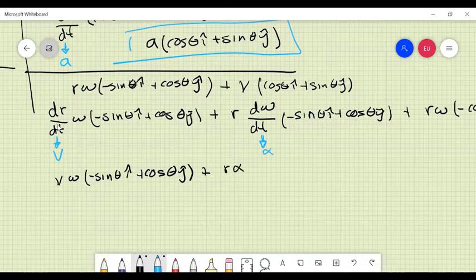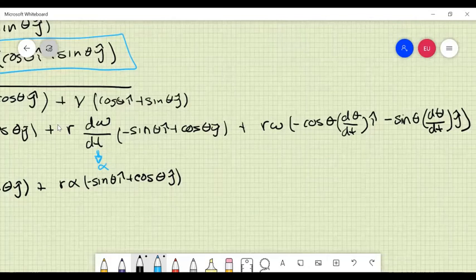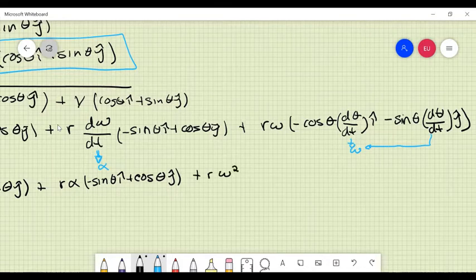So for the second term, I have this. What is this bit here? Omega. That's omega. So this second term will be omega squared minus cosine minus sine.